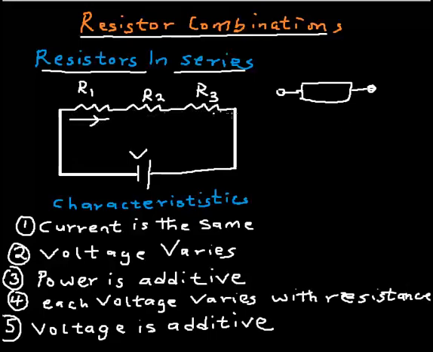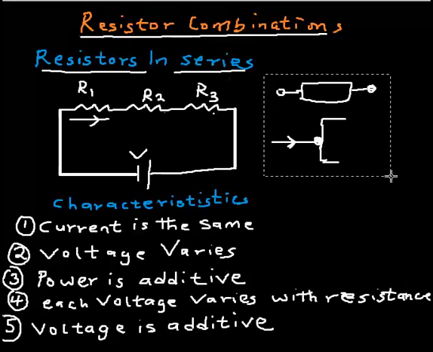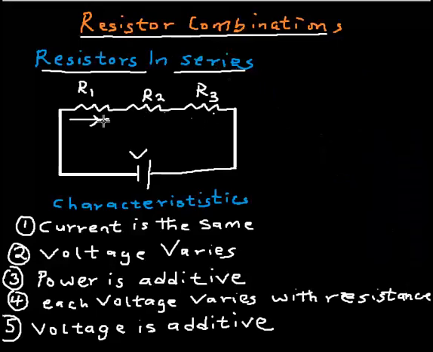Of course, you know that a branch is established when two components are connected in parallel in the path of the flow of current. So this is just a typical example of resistors connected in series, and there are three of them. So the same current flows through the resistors.